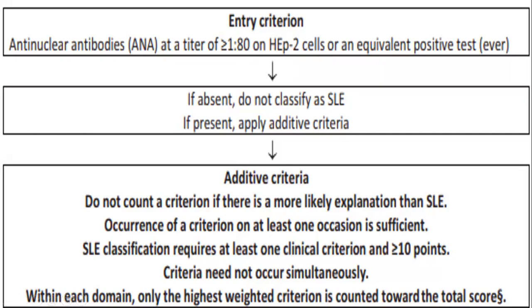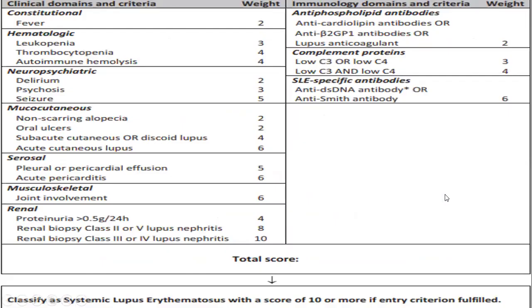And so we apply the additive criteria that I have mentioned. The additive criteria are the different symptoms, and we do a point system. So we have constitutional symptoms of fever, hematologic, neuropsychiatric, mucocutaneous, serosal, musculoskeletal, renal, antibodies, complement proteins, and SLE-specific antibodies. We total the number of points such that we classify the patient as having SLE with a score of 10 or more.